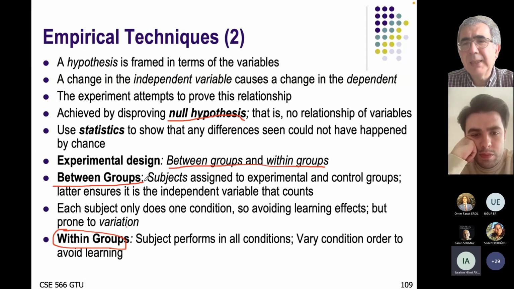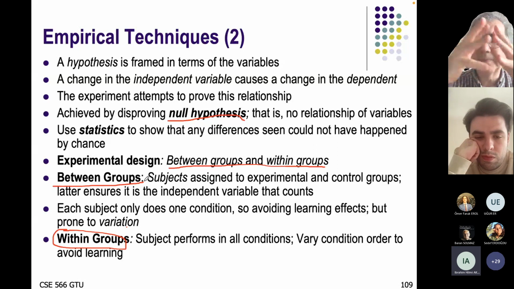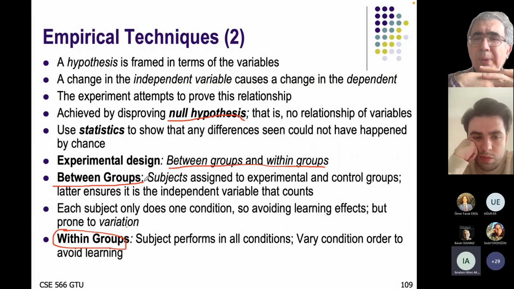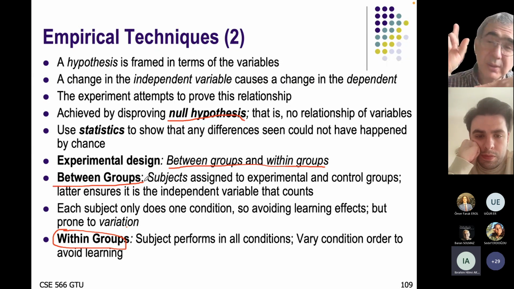Also, in the within group tests like mouse versus touchpad, you have 10 people. You need to make sure that 5 of them use mouse first and 5 others use the touchpad first.